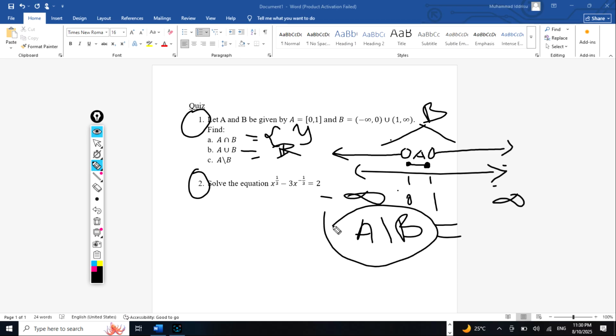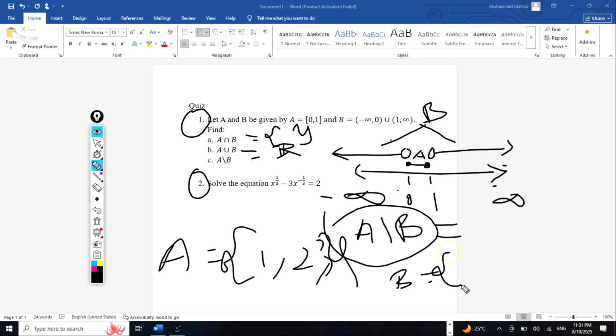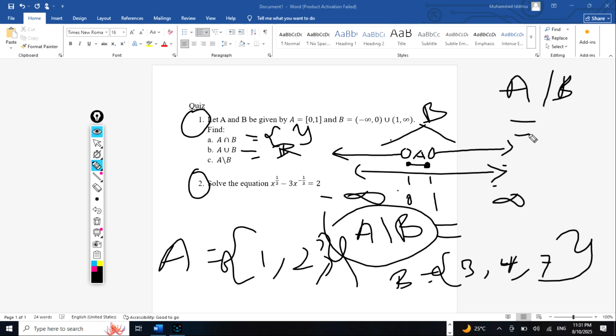So if we check the members of A, then all other members that belong to B, we remove them. So if I have A is equal to this set 1, 2, 3, then B is equal to maybe 3, 4, 7, then my A not B will be equal to what?